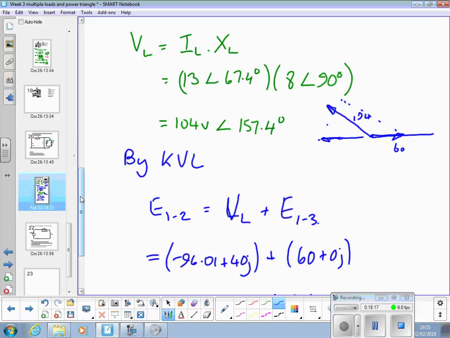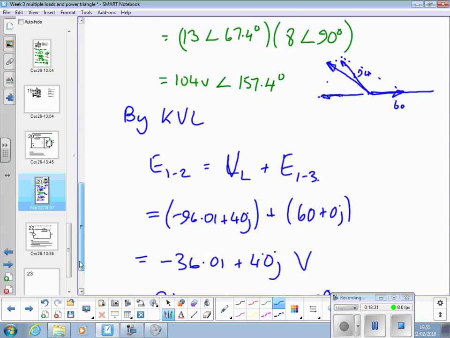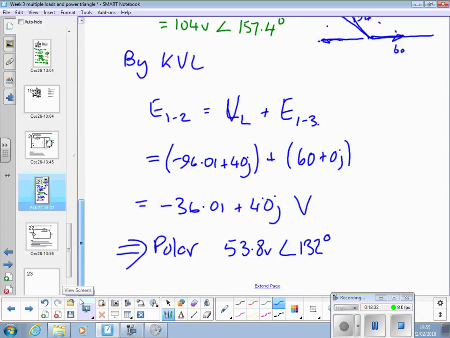If we resolve that parallelogram, we've still got a voltage over there in that quadrant. So that's the voltage of the supply: 53.8 volts, angle 132 degrees.